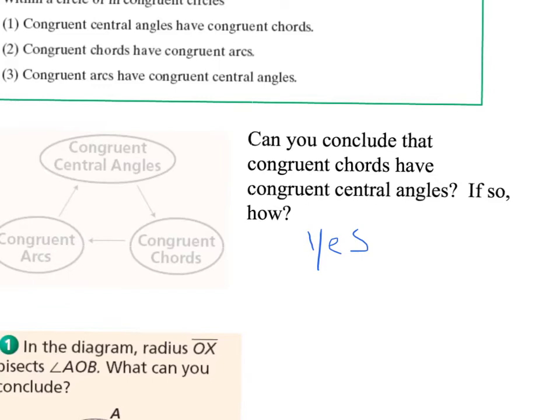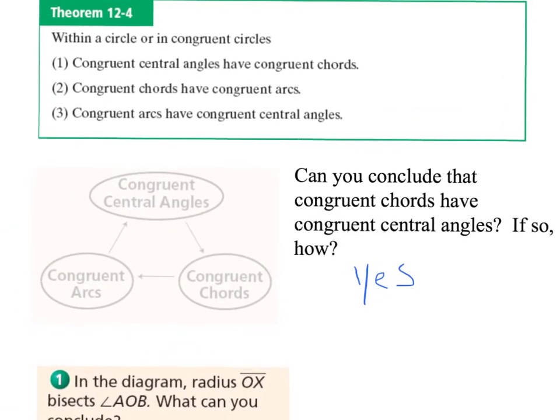If you remember, basically if you took these three and put if-thens with them, so in this example, if you have congruent angles, then you have congruent chords. If you have congruent chords, then you have congruent arcs. And if you have congruent arcs, then you have congruent angles. So if you remember when we had to make one conclusion, we could take out the middleman. So if you have congruent central angles, we can take these out, and you can go directly to the same thing.